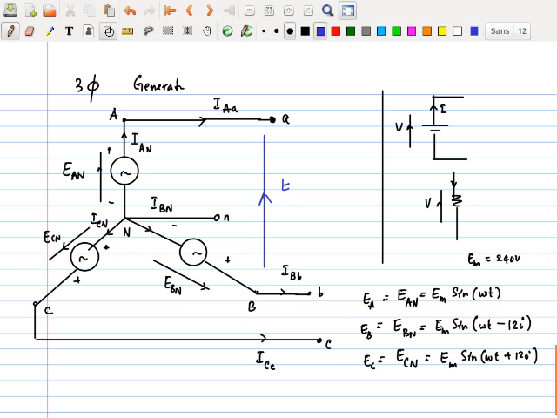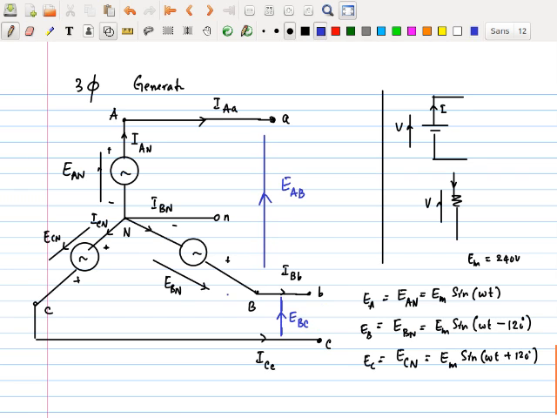And this is called E of AB, and then this is E of BC, going up.